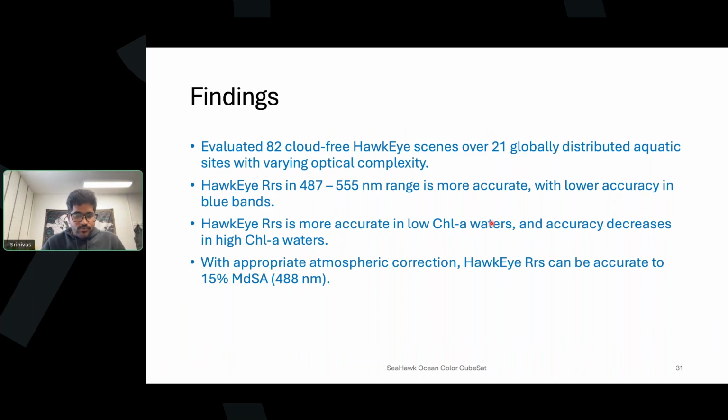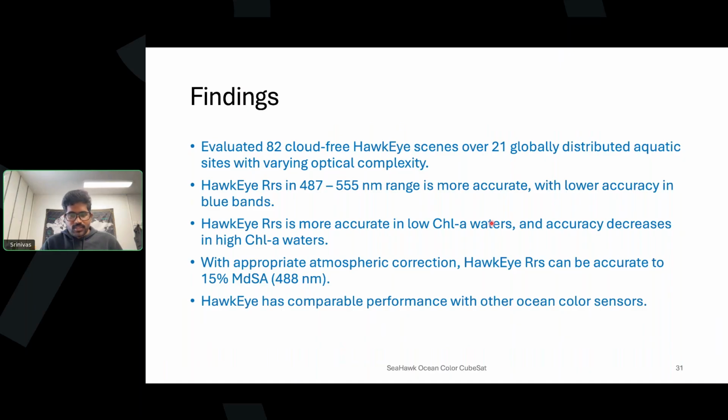With an appropriate atmospheric correction, we found that Hawkeye's Rrs can be accurate to 15% MDSA at 488 nanometers. And we also found that Hawkeye has comparable performance with other ocean color sensors as shown in the previous slide. So this analysis is extremely useful for CubeSats, and it is a proof of concept demonstration mission to show that we can perform ocean color from a CubeSat.